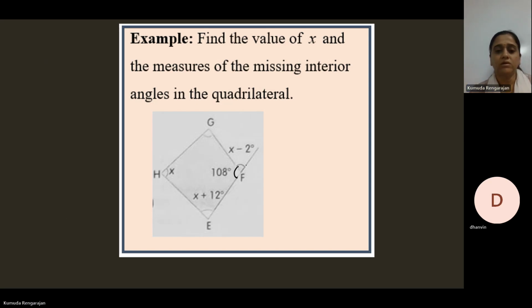First what? X minus 2 plus 108 is equal to 180. So x is equal to 74. X is equal to 74.